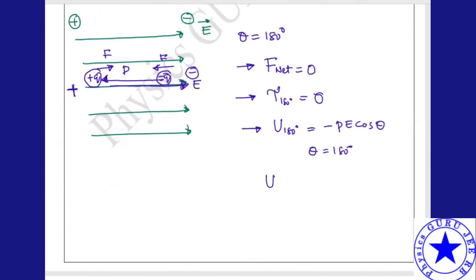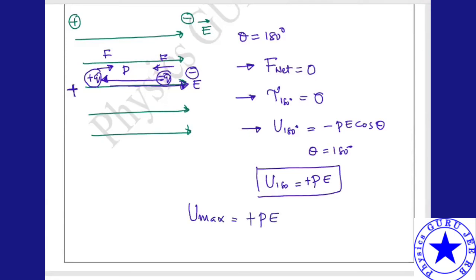So U of 180 is equal to plus p E. So what is the conclusion here? U is maximum. U max is equal to plus p E. Hope it is clear.